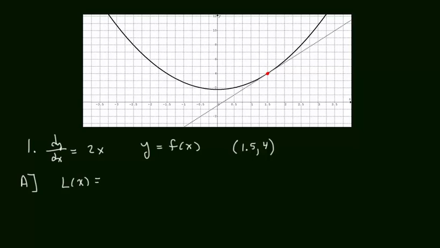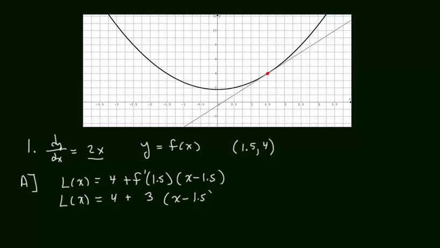So L of x will be 4 plus f prime at 1.5, x minus 1.5. That will lead to 4 plus the slope at 1.5. If I plug 1.5 into my slope formula, I get 3, x minus 1.5.